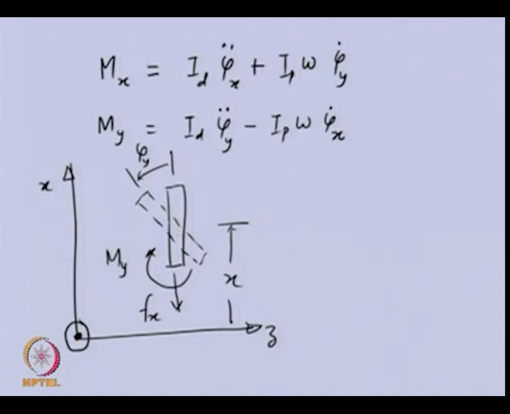So, now we can write the force balance. First, let us say in the x direction. So, the summation of all the external forces in the x direction should be equal to the mass and acceleration of the disc in that direction.